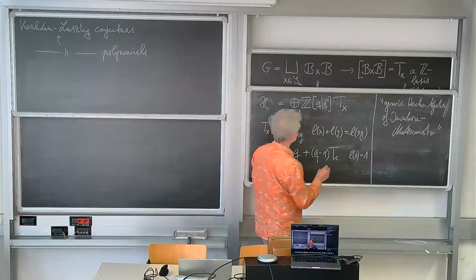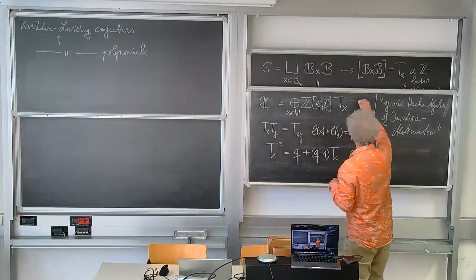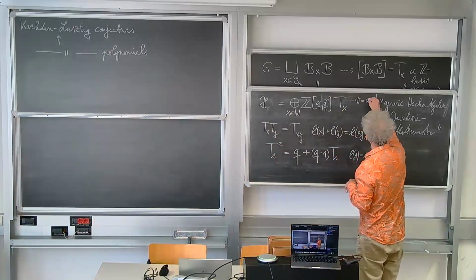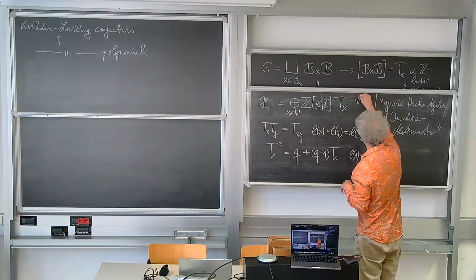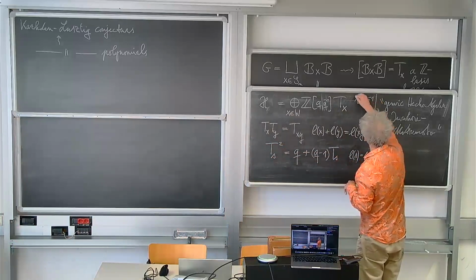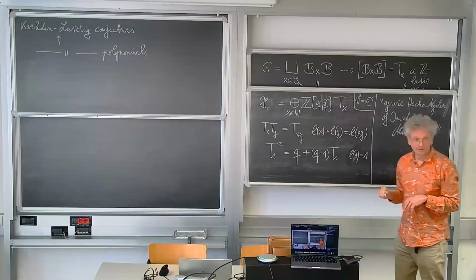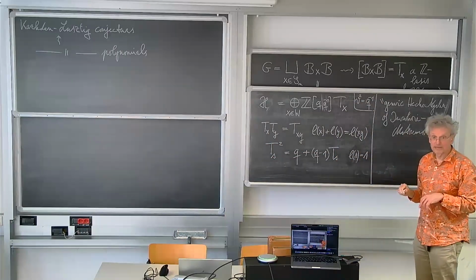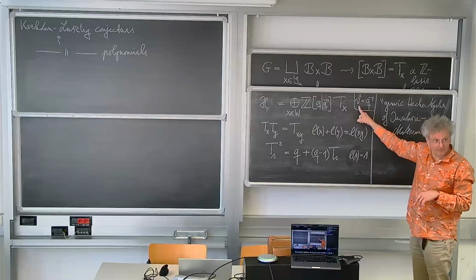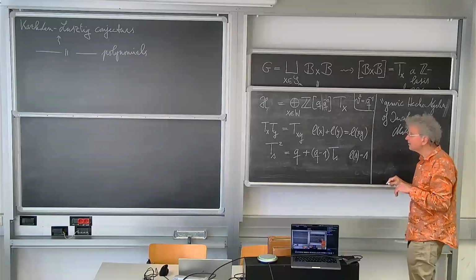So let's add a square root and let's say v squared is q to the minus 1. So this is a parameter. And the inverse of the square root of q, I call it u parameter.